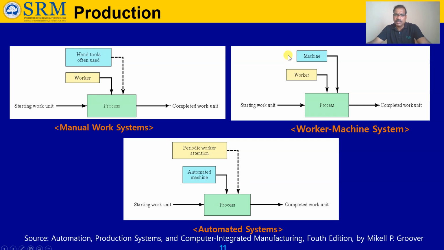With a conventional lathe machine, he loads the workpiece inside the chuck, gives the feed and depth of cut, and controls the feed rate. But the machine does the machining operation with the help of the cutting tools. So this is the second one, the worker machine system.